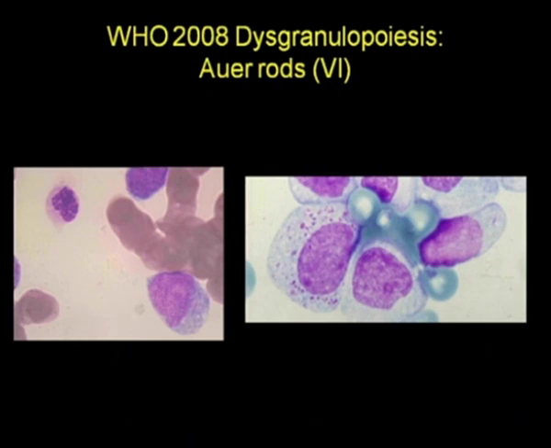If you find less than 9% of blasts, but you find at least one Auer rod, and you are in the context of the diagnostic pathway for MDS, these cases should be, by definition, included into the group of MDS-IB2, irrespective of the number of blasts. So this is another point underlined in this classification.